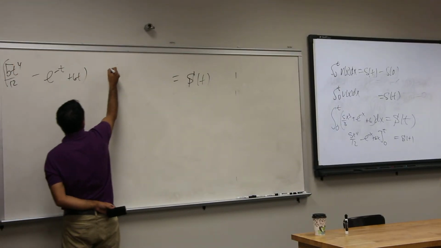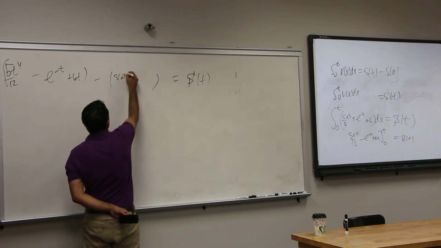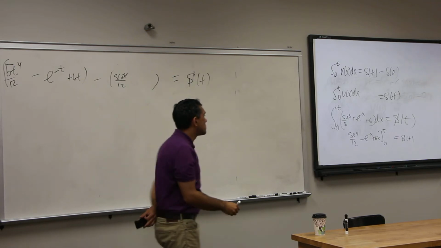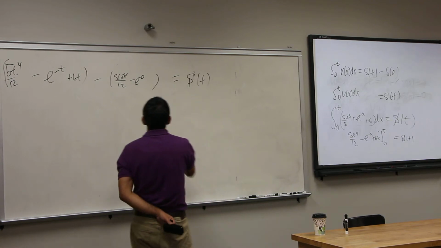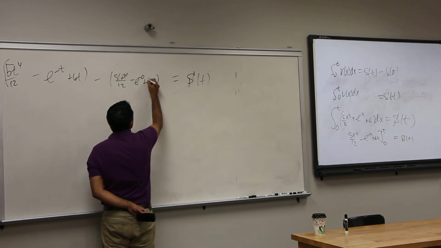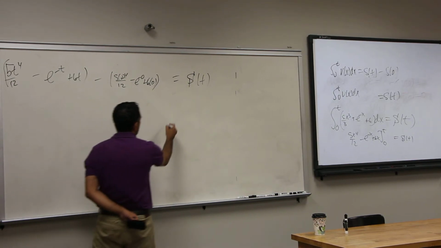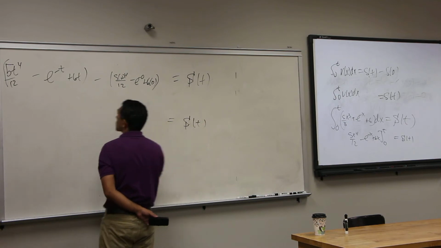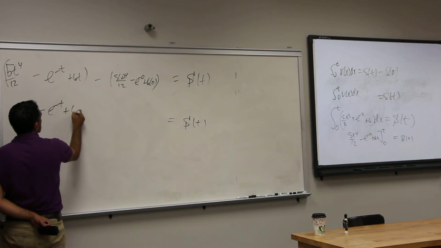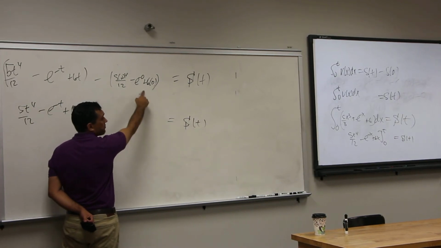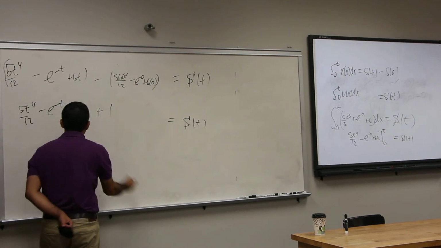Evaluate it at 0 and subtract. The position function. Plus 1. So there it is. Plus 1. That's the position function.